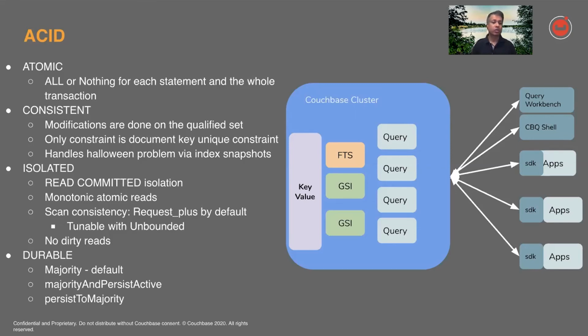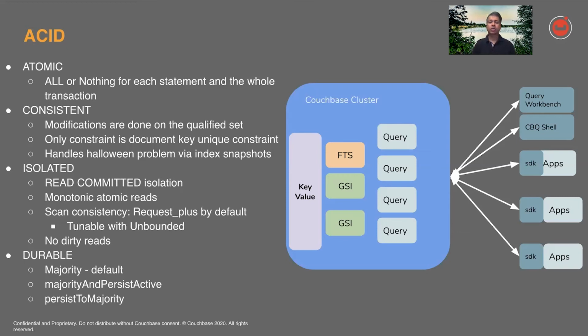And of course, we also support read your own writes. That means if you have updated a document within a transaction, you get the latest version of the value within the transaction. So that's still considered the right thing to do within the read committed isolation.